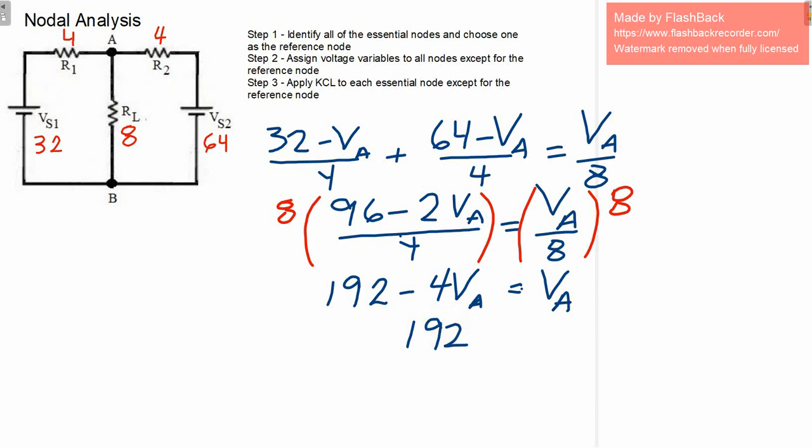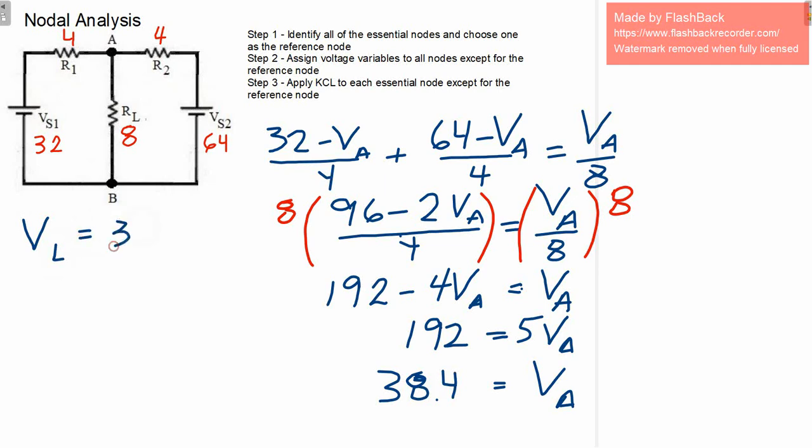This is the simple equation. And we end up with VA is equal to 38.4 volts.